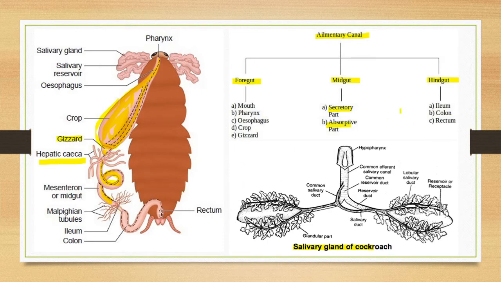The first portion of the hindgut is the ileum, which is short and narrow. At the junction of the midgut and hindgut, there are some yellow glandular structures. They are called the Malpighian tubules, which are excretory organs. Ileum is followed by colon and then rectum.